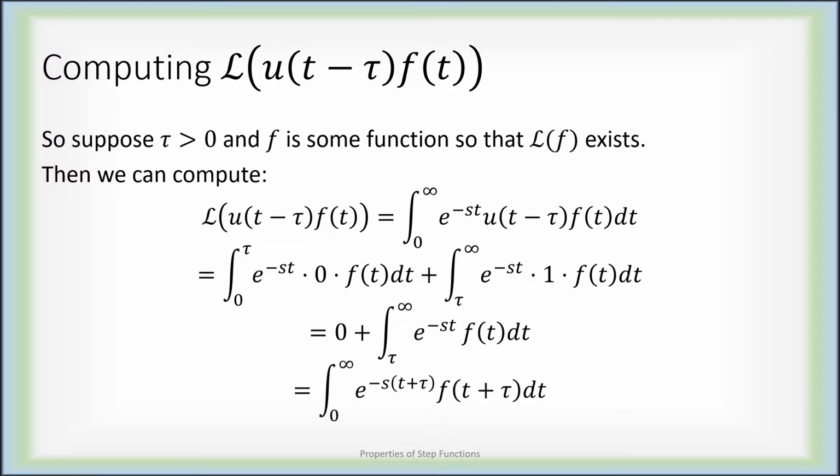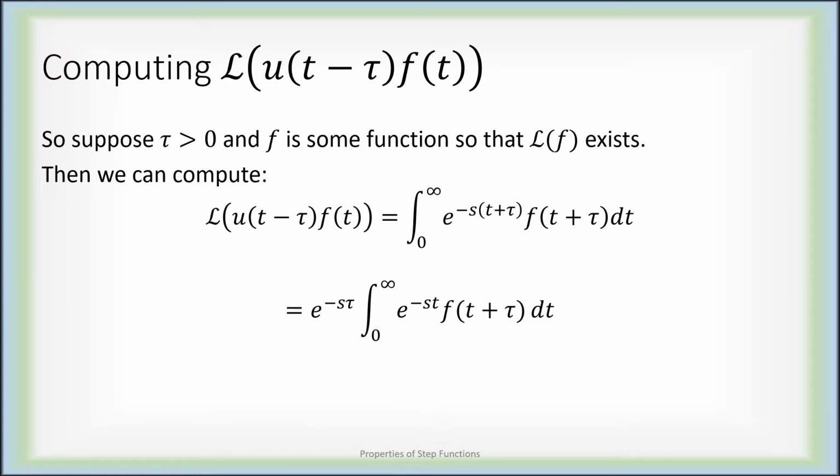If we replace t with t plus tau, we just have to ask how that affects the bounds of integration. In this integral, when the variable is tau, that corresponds in this integral to the variable being 0, and then it increases from there.